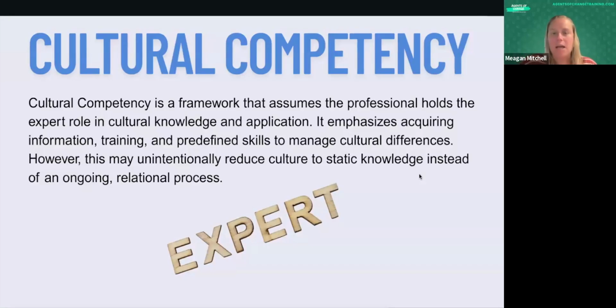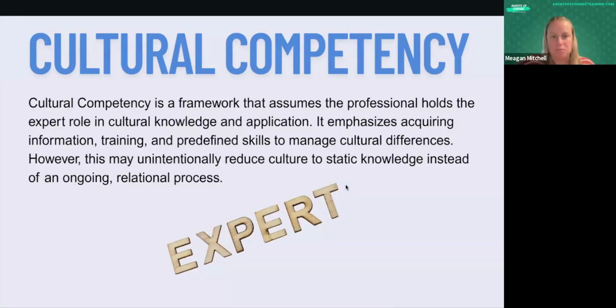And in this model, it assumes that we're acquiring information, we're learning skills to work with certain populations, to reduce cultural friction, to be more aware, to be more competent, that's where the word comes from, in working with clients from diverse backgrounds, okay?